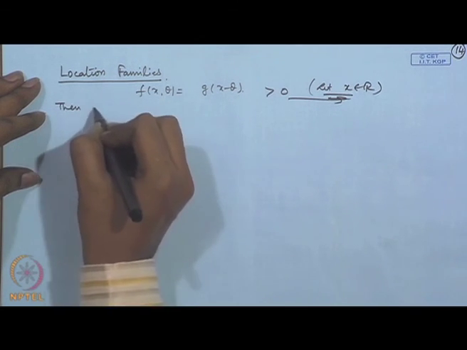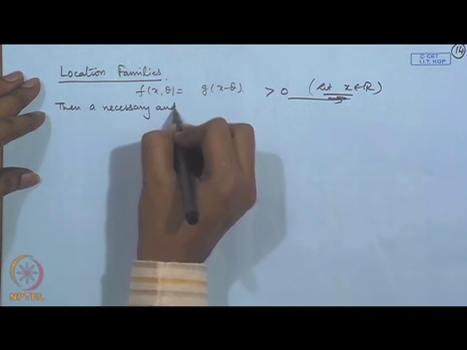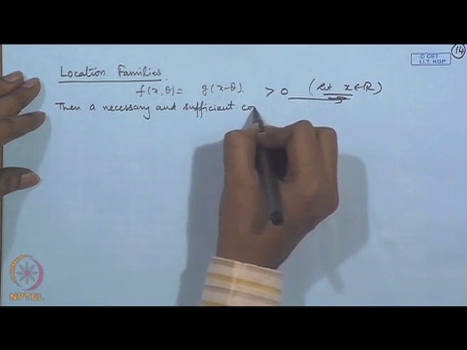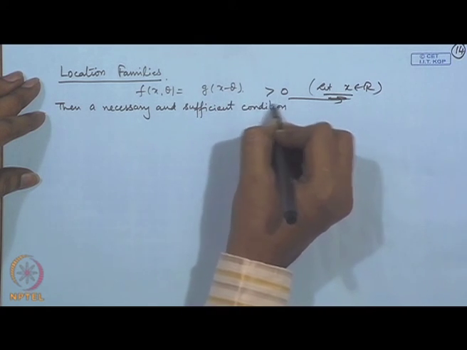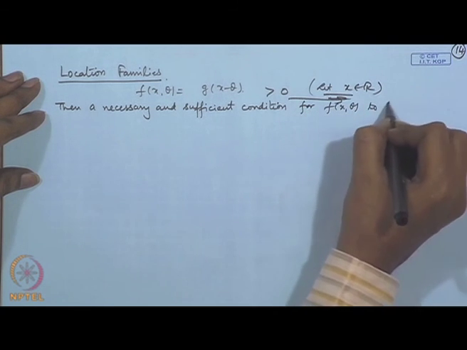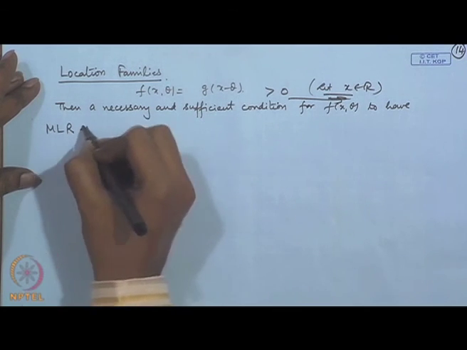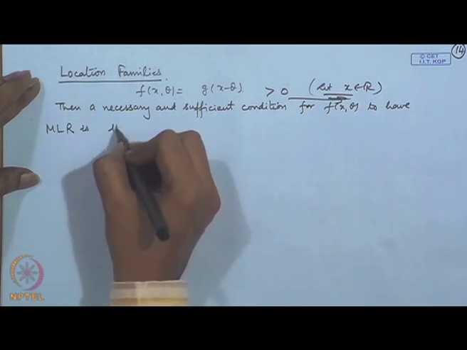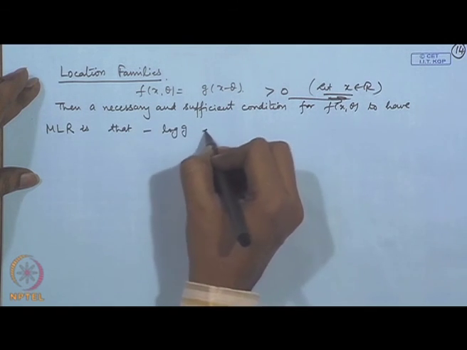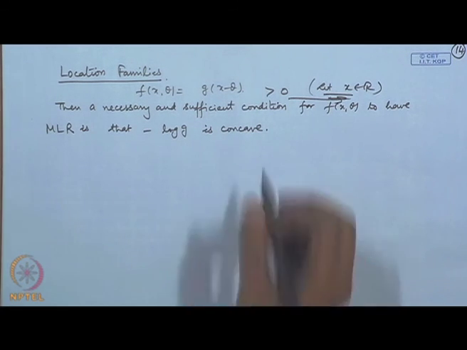Then a necessary and sufficient condition for f(x, theta) to have monotone likelihood ratio is that minus log of g is convex.